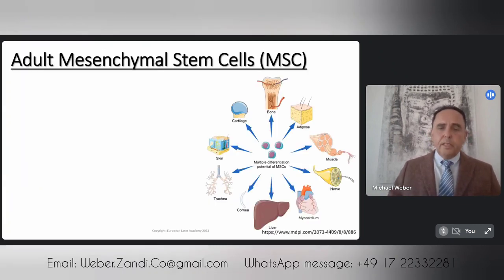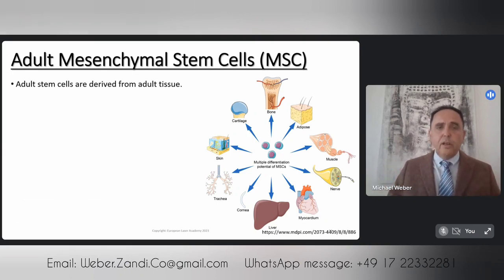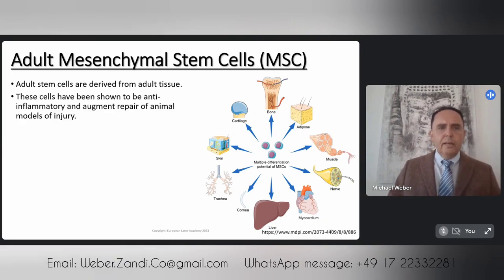Well, the stem cells we release, for example, from the bone marrow or from other organs like adipose tissue or other structures, can develop into anything. These mesenchymal stem cells are pluripotent. They can develop into almost all tissues. They are derived from adult tissue.